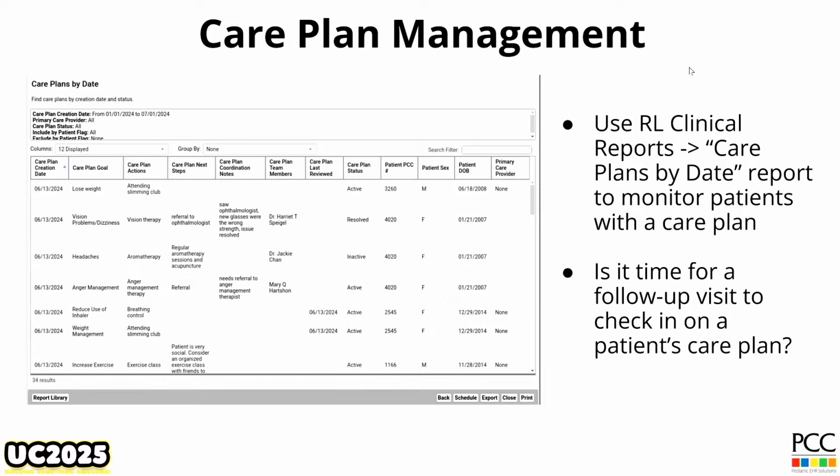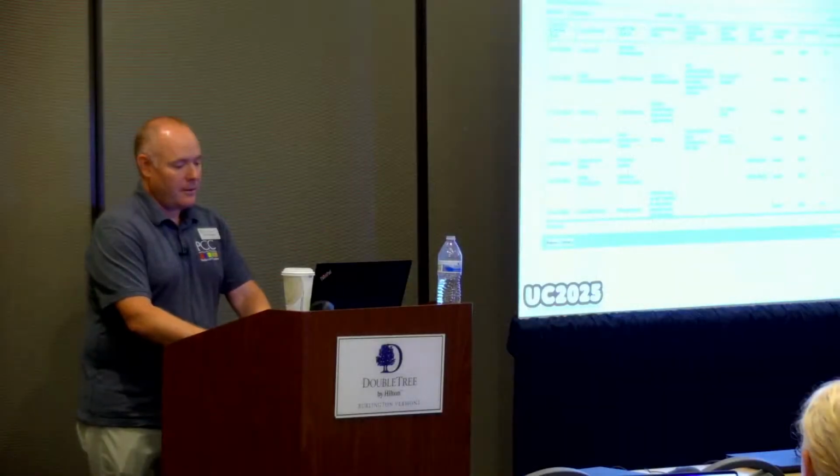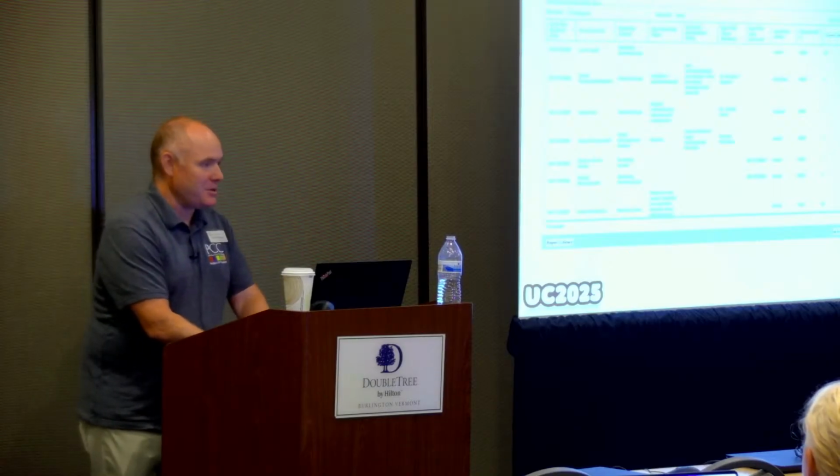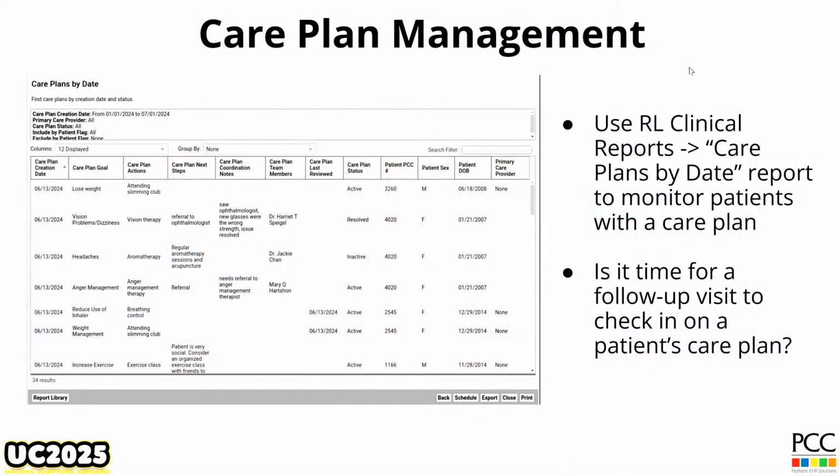It's not attached to individual visits, although you can have it in the visit component as well. But it's just a place where you can go to monitor their care plan, update their care plan, and update the notes related to it. And you can report on it. You can get a list of patients that have an active care plan on their record.